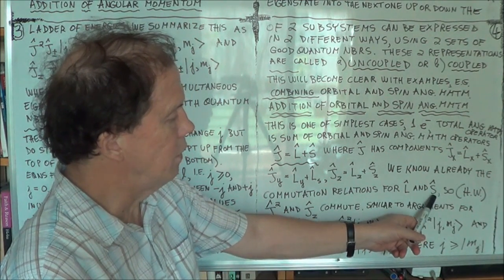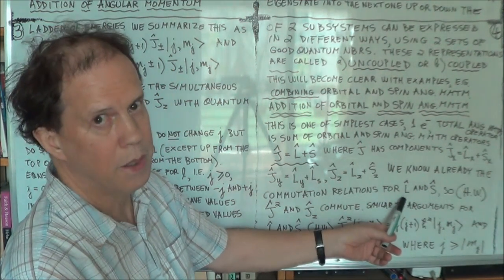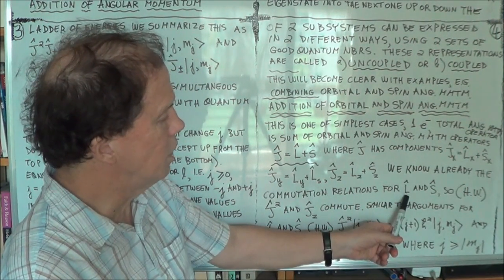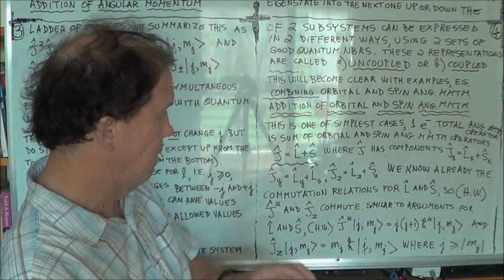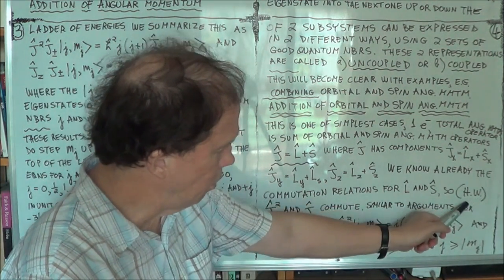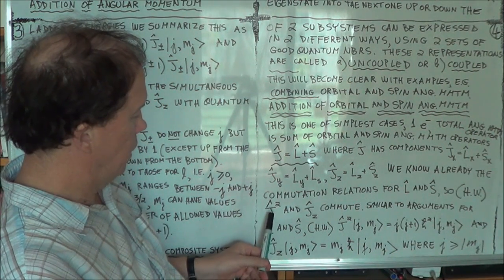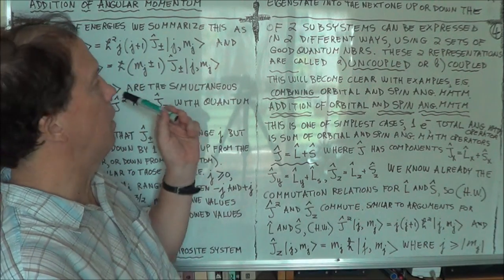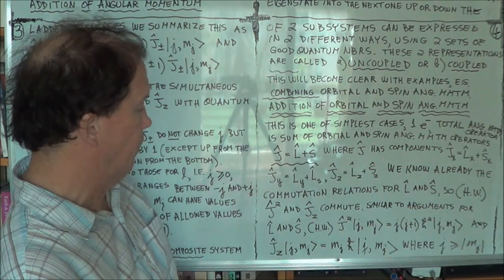And similarly for Ly comma Lz, or Lz comma Lx, we know those commutation relations for L, and similarly for S. So I've asked you to do for homework to show that J squared and Jz commute. I was mentioning that a bit in the previous session, right?